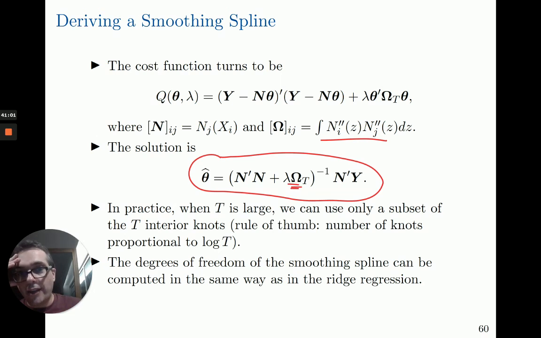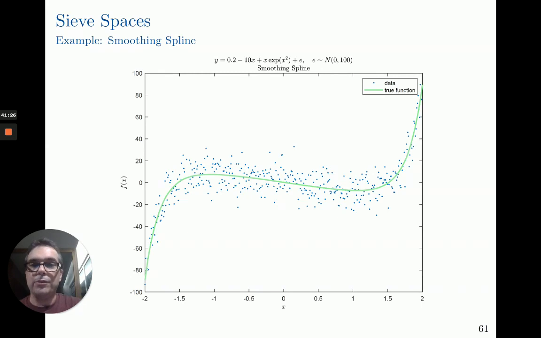But instead of having an identity as we had before with the ridge, what we have is a matrix formed by the integral of the second derivatives of the functions N. Okay, so that's what's behind natural splines and smoothing splines.